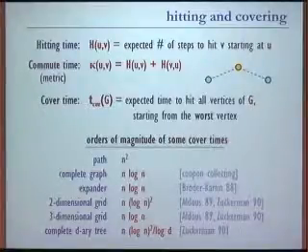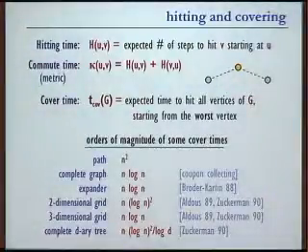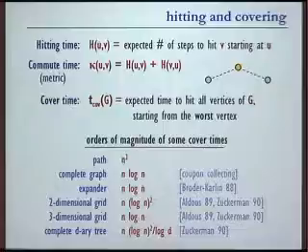And one could remove this log d because I'm not worrying about the constant, but you can think of d growing, and then you want the log d. For some of these examples, for instance this one, the constant was later found by David Aldous, but we're just going to focus on the order of magnitude.